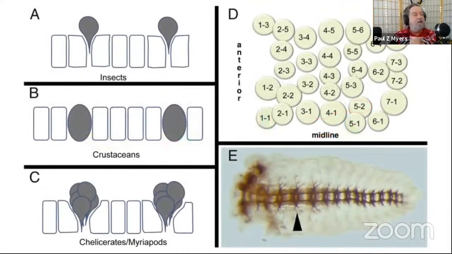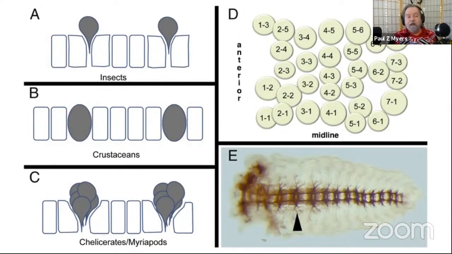You can see the same thing going on in crustaceans and spiders, for instance, with some differences. In crustaceans, they don't actually bud off into the interior. They don't actually delaminate. They're going to form right there in that space, and then they're going to bud off daughter cells that form the nervous system of the crayfish or the lobster or whatever.